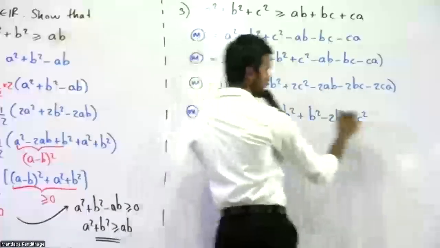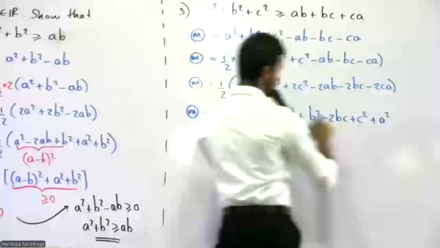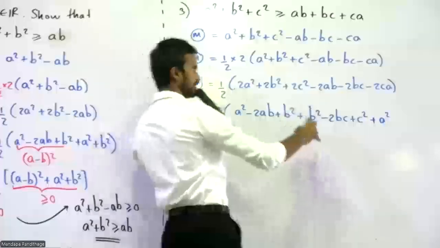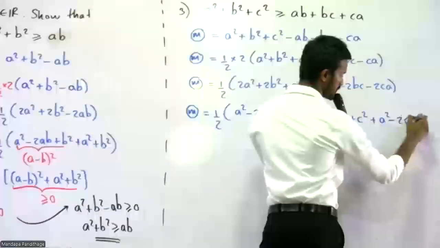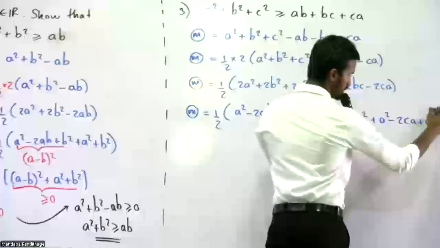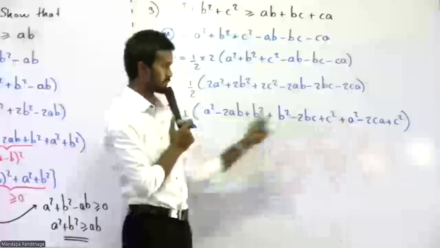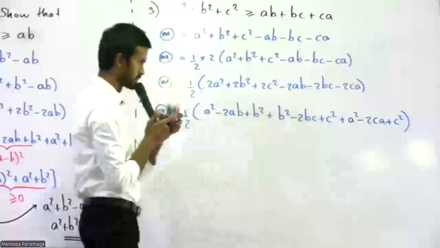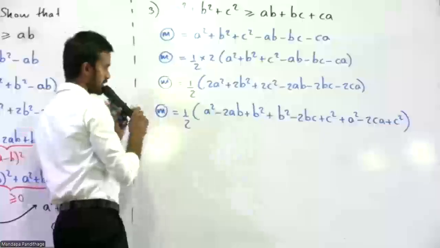I'm taking the remaining a squared because there were two a squareds and I only got one here. I'm taking the other one, and the minus 2ca and the remaining c squared. So now it is clear: you have taken both the a squared terms, the b squared terms, and the c squared terms.